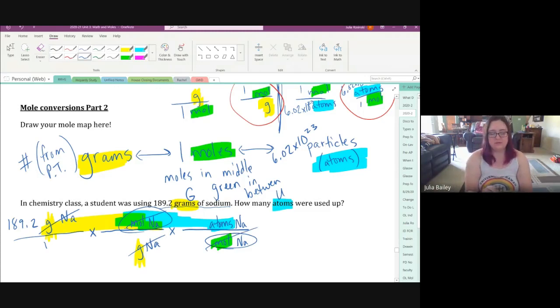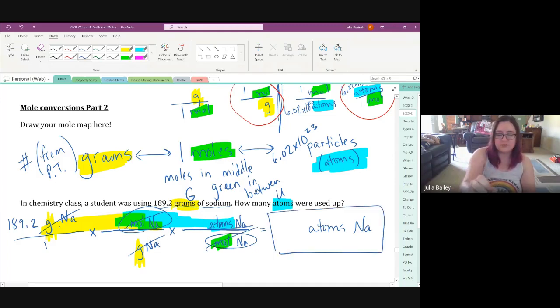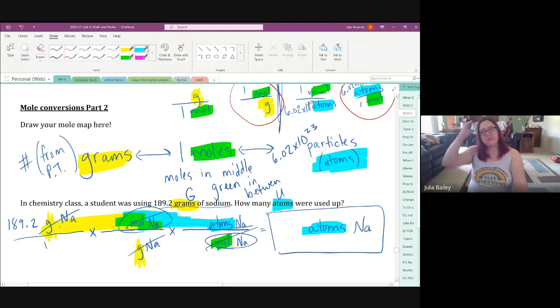And that'll leave me with, here's grams twice, moles twice, they've simplified out. I'm left with just atoms on top, and conveniently, atoms is what I want. So that's going to end up being the label for my answer. And there, now I've used atoms twice too. You use every unit in the problem twice.